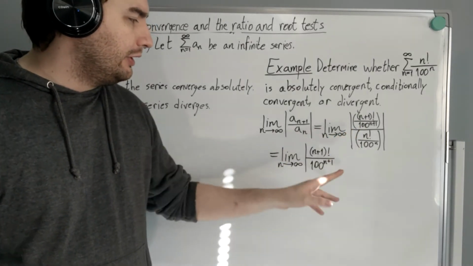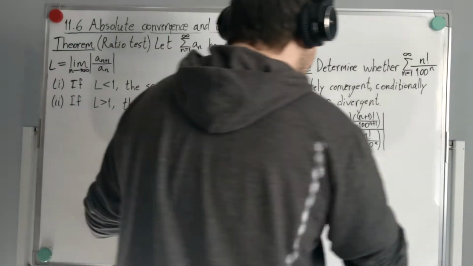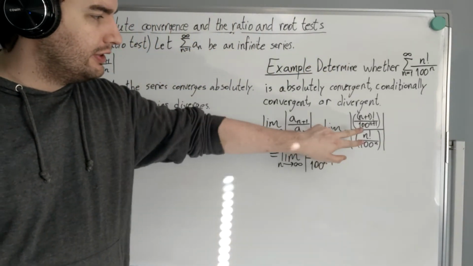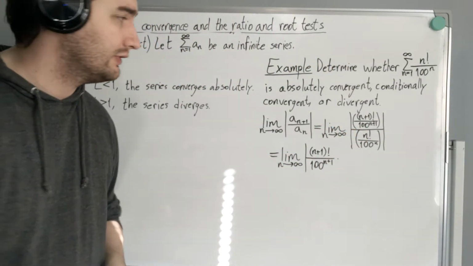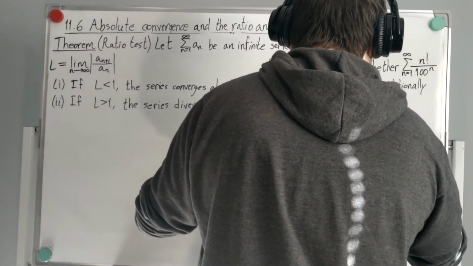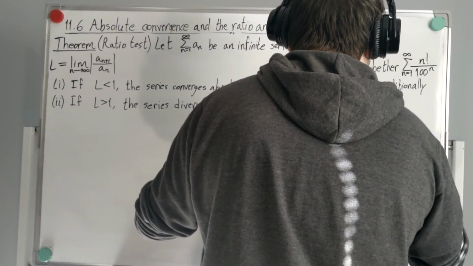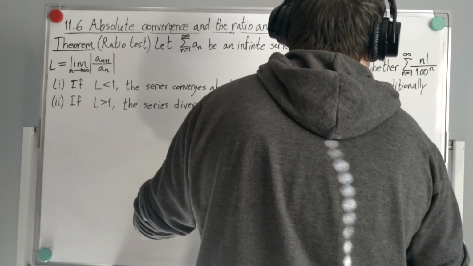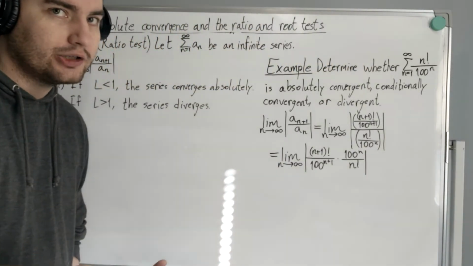Rather than dividing, now we're going to multiply this by the flipped fraction. So that's going to be 100 raised to the n divided by n factorial. Okay? That's how you divide fractions, right?